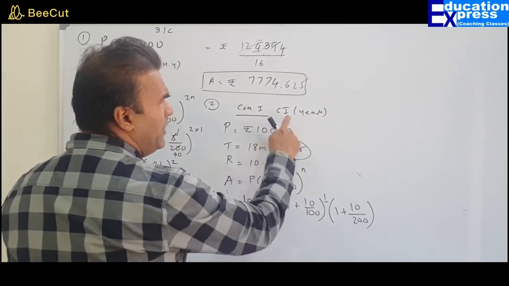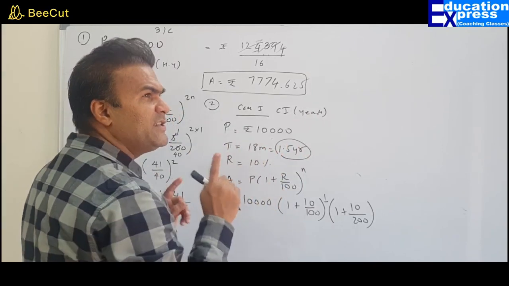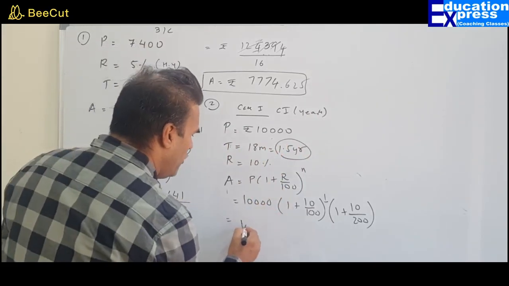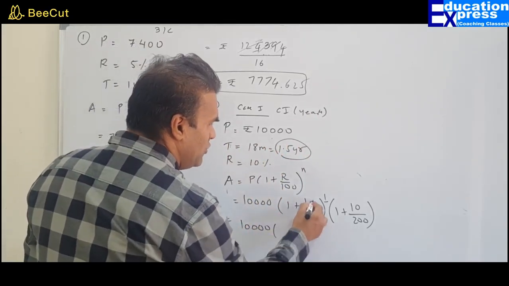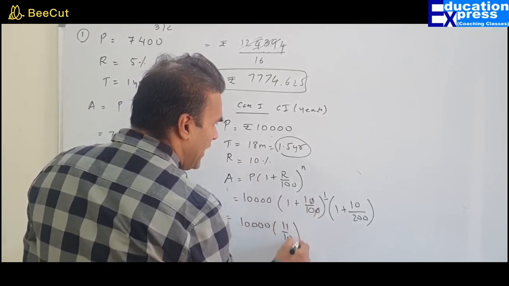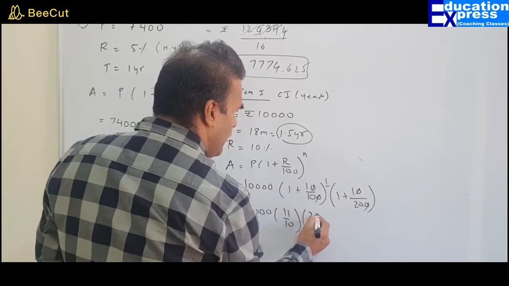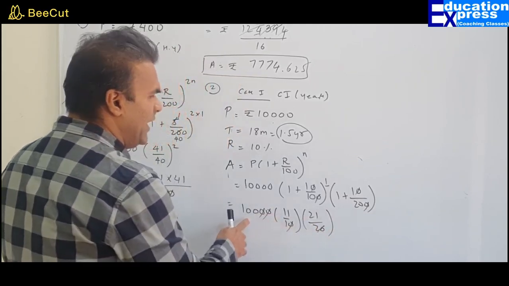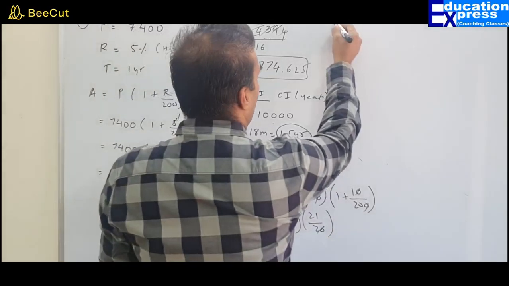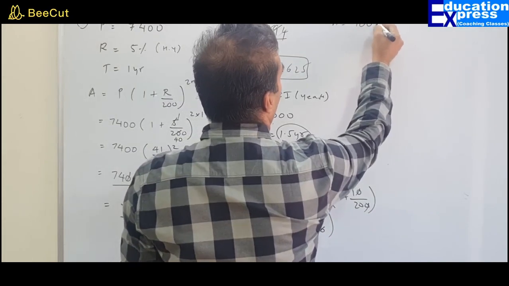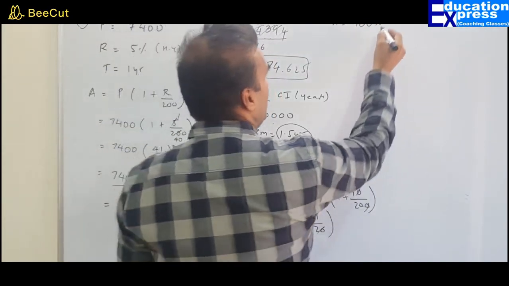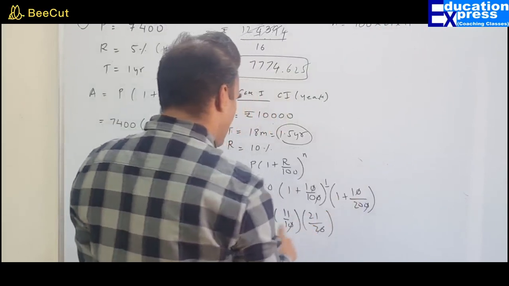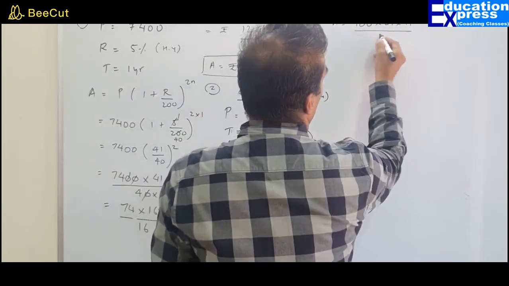Comparison is between compound interest received yearly and compound interest received half yearly. So how do we go about? 10,000 times 11 upon 10 times 21 upon 20, so you get, guys, 100. So my amount would be 100 multiplied by 21 multiplied by 11 upon 2.